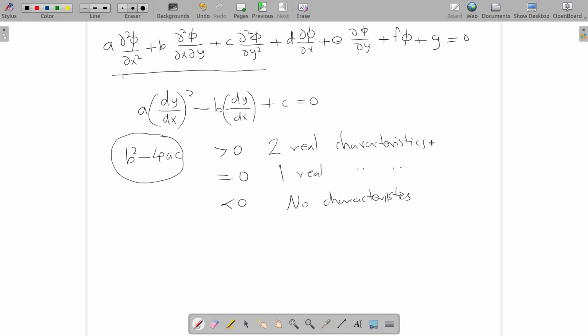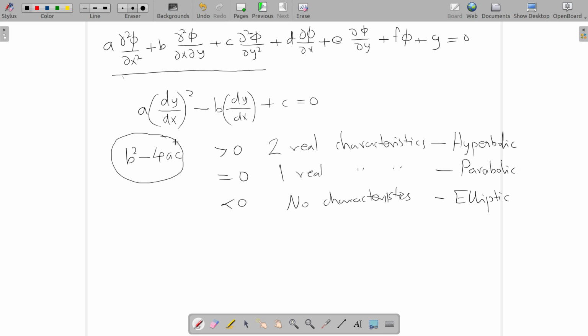So in the first case, these will be hyperbolic equations, these will be parabolic equations, and this will be elliptic equations.